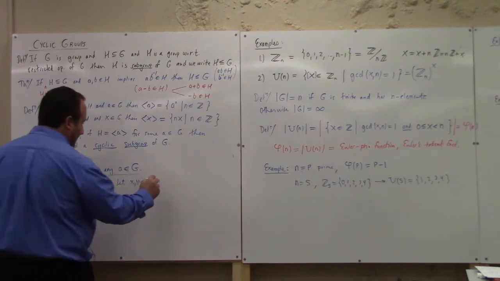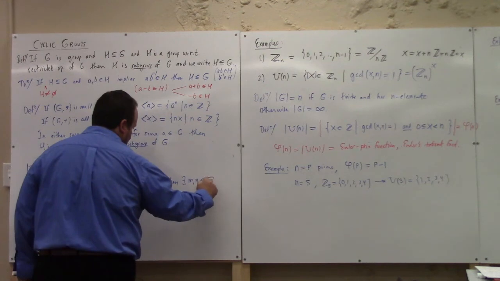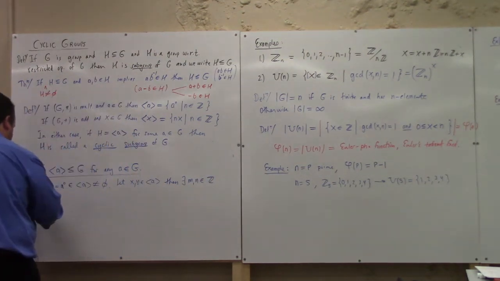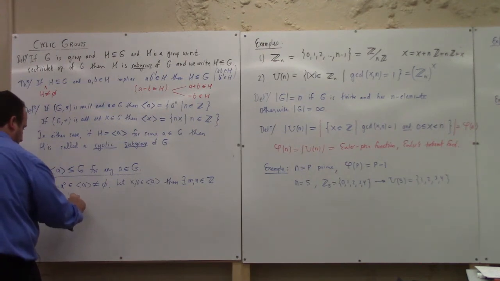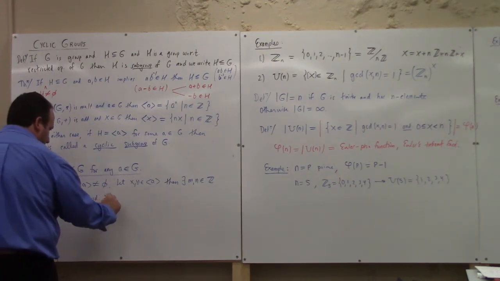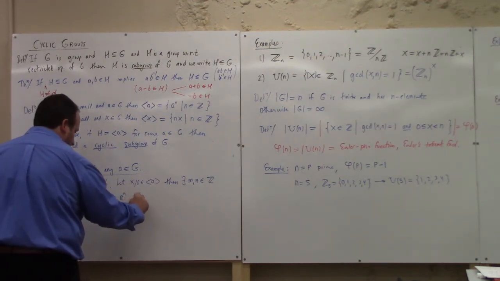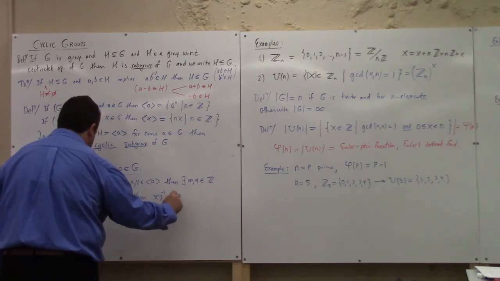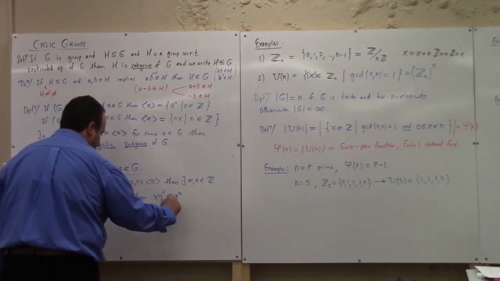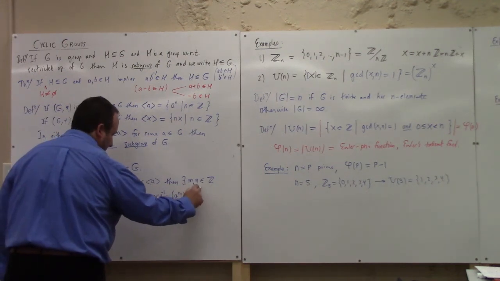Then there exist M and N, integers such that X equals A to the M, and Y equals A to the N, right? Then X Y inverse is equal to A to the M times A to the N inverse.